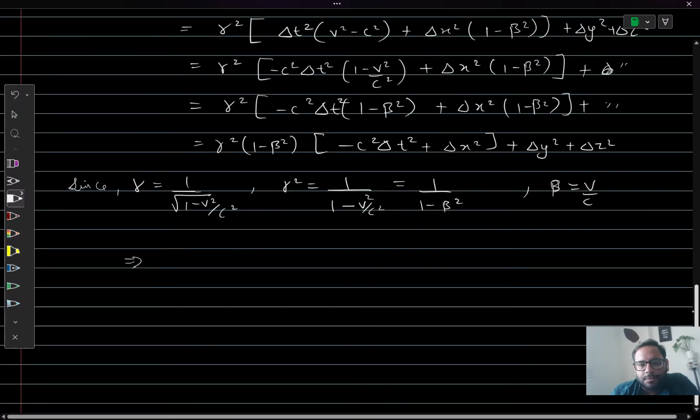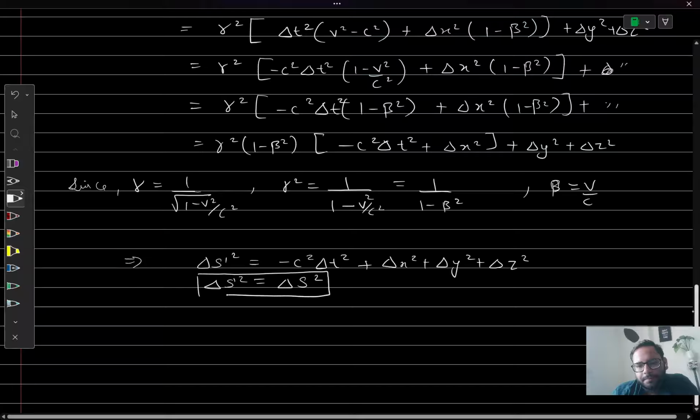So you can see this whole thing will be cancelled out, and you will see that delta x prime will be equal to delta x squared plus this. So this is equal to the interval in the stationary frame, that is S frame. So it is called a Lorentz invariant quantity, and it is a very important quantity in all of relativity.